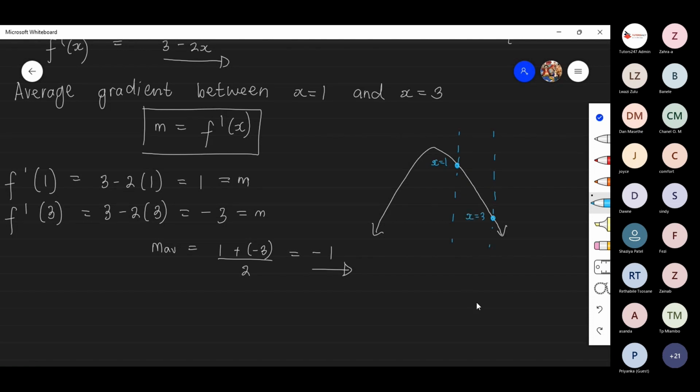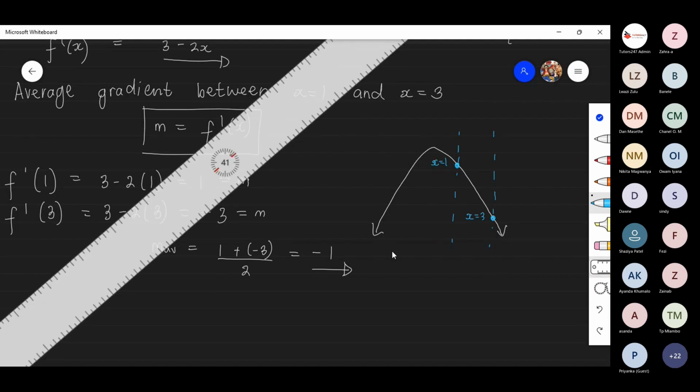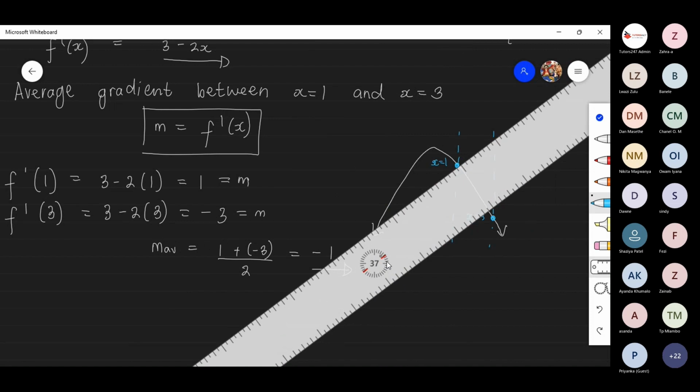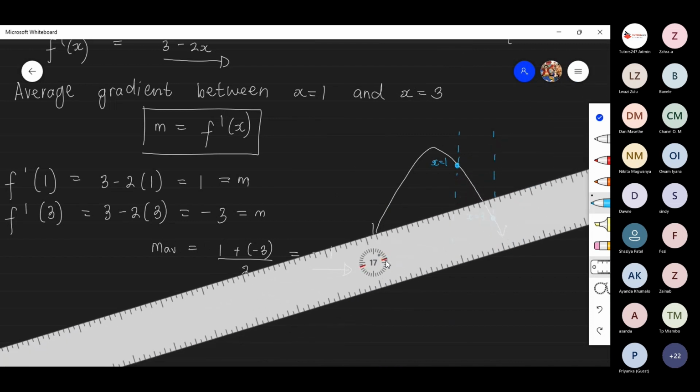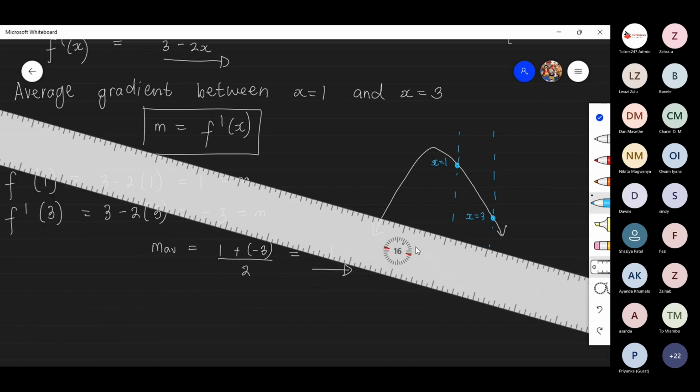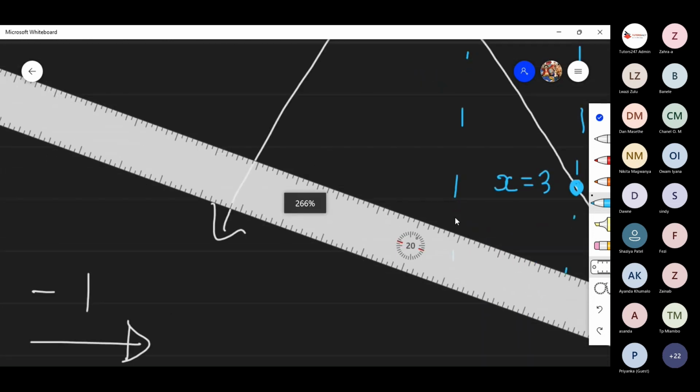Okay, so basically we can have 2 different tangents at those points. But what we now need to do is find the average gradient between those 2 points. So we are basically finding the gradient of the secant between those 2 points. Or another way to think about it is you are finding the gradient of a straight line that cuts through those 2 points.